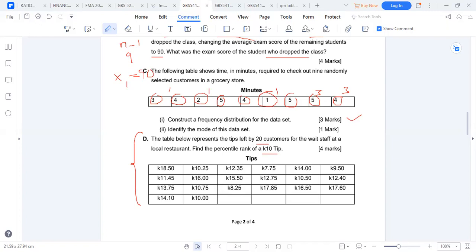So what do we do in this case? Who wants to try? After we rearrange, what do we do?